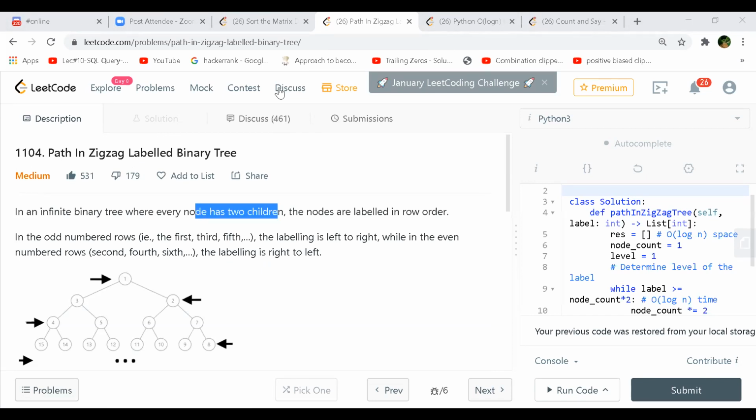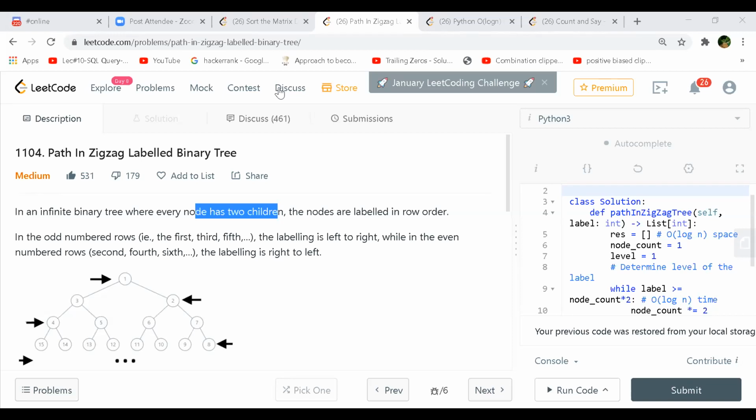Can I say something? Yeah, go ahead. So I'm thinking we can find the level. If we want to find the level for 14, we can easily find it through the binary representation of 14, the closest power of 2, using subtraction and binary.